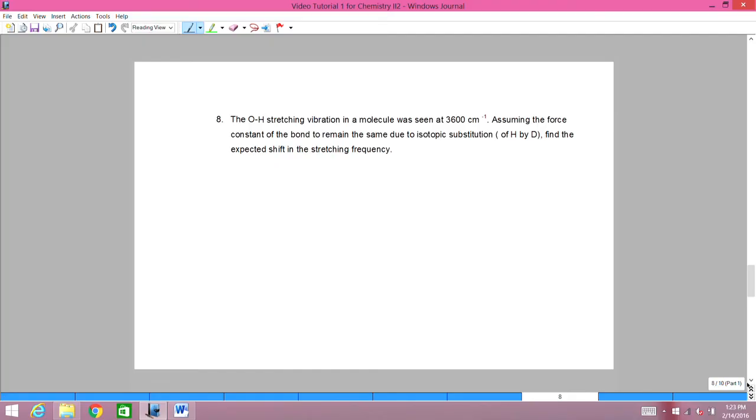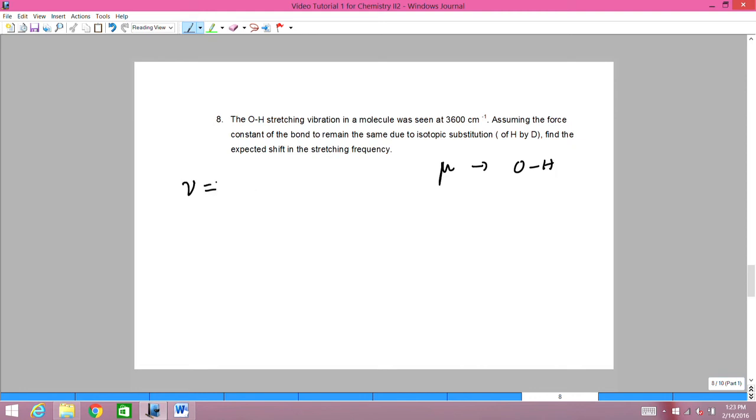The next problem talks about the vibrational frequency dependence on the reduced masses of the atoms, and here the OH stretching vibration corresponding to the reduced mass species OH is about 3600 centimeters inverse.